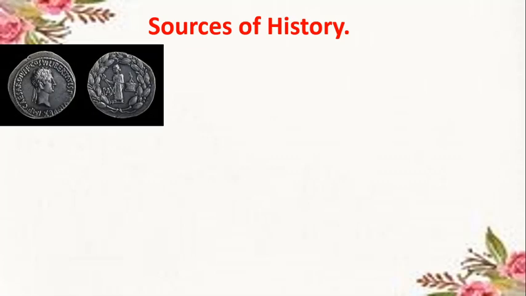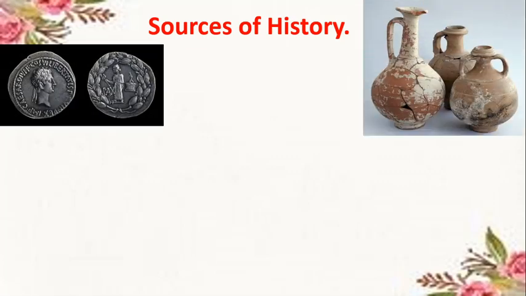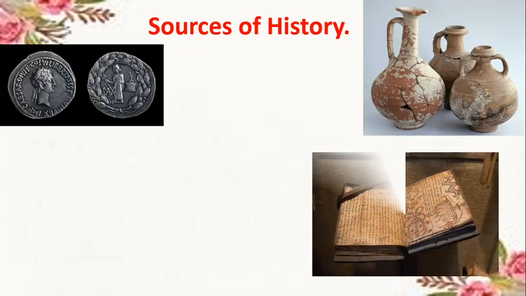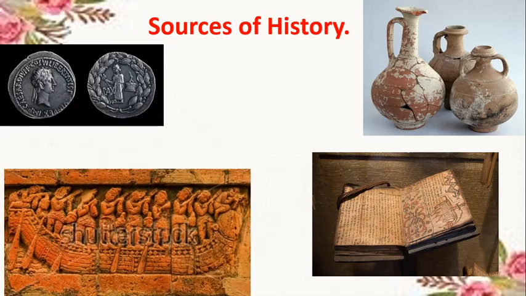Okay, so let's see how we do it. So see here, which are the sources of history. Before we go and find out how you apply the scientific method to the sources of history, let us try and see which are the sources of history. So the sources of history could be all these things, okay? All these things from which you come to know about history. So some of them are in the form of coins, some of them are in the form of pots and pans, some of them are in the form of books, okay?